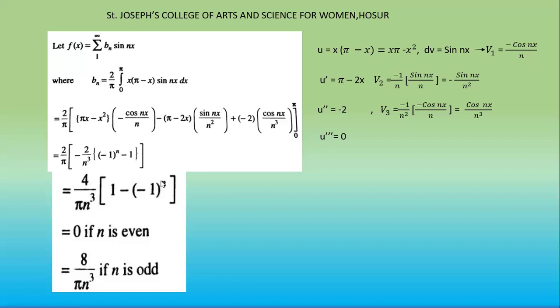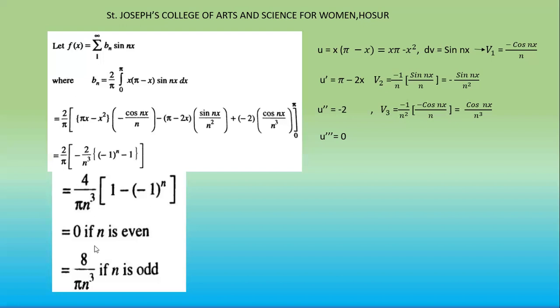When I substitute n equal to 2, minus 1 the whole square is 1. 1 minus 1 becomes 0 here. Similarly, for n equal to 4, this becomes 1, 1 minus 1, 0. So when n is even, this term becomes 0. When n is odd, for n equal to 3, I'll get minus 1, and 1 minus of minus 1 is plus 1.